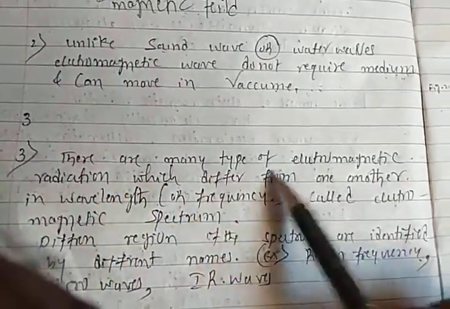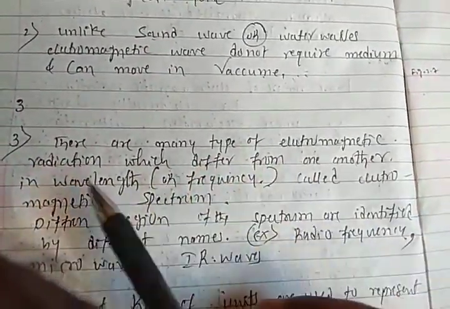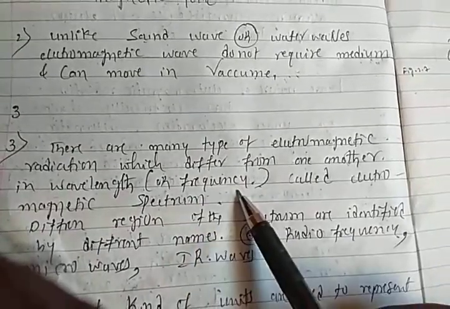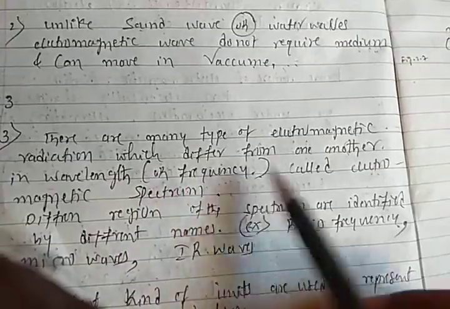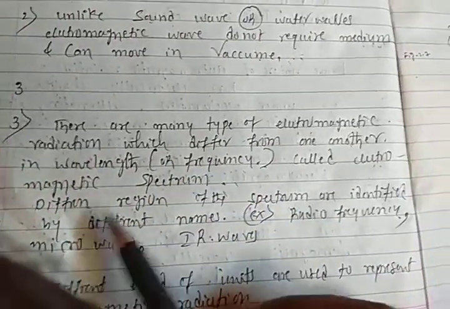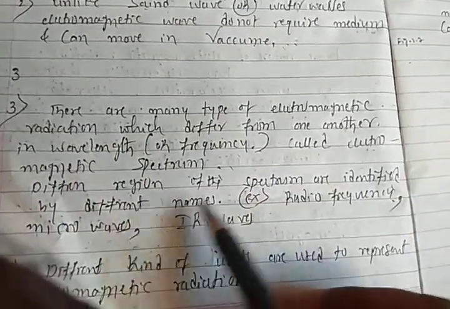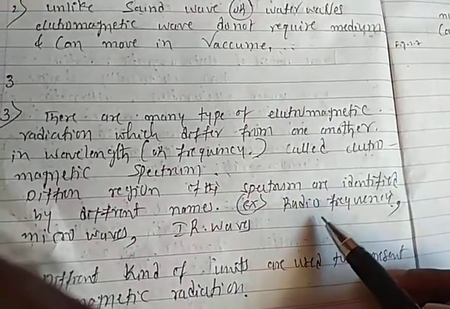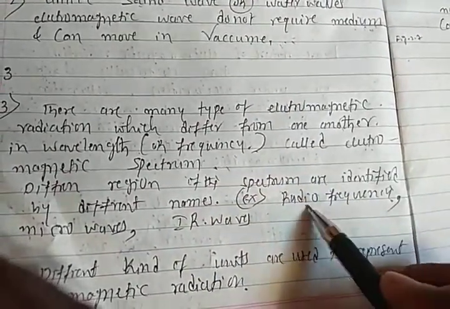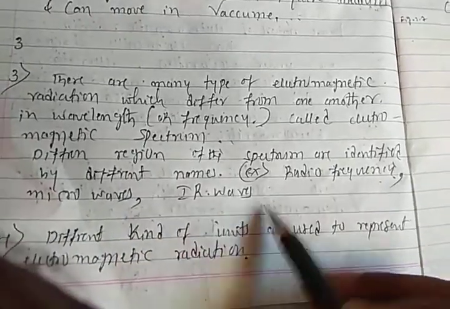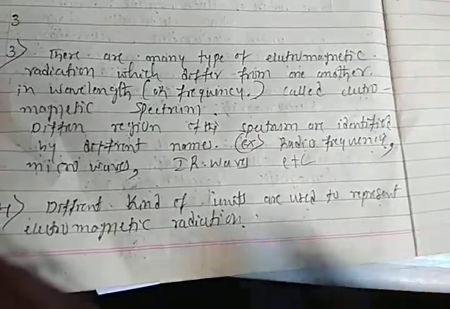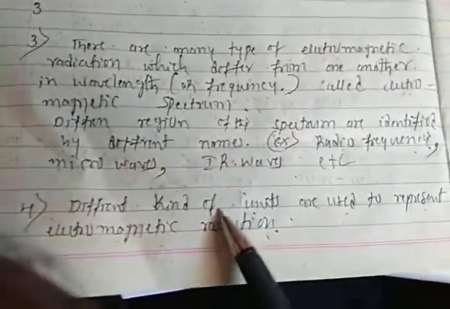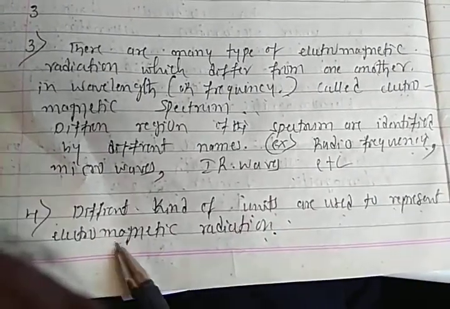There are many types of electromagnetic radiations that differ from one another in frequency. This is the electromagnetic spectrum. Wavelength and frequency define the electromagnetic spectrum. Different regions of the spectrum are identified by different names. Electromagnetic radiations occupy the radio frequency, microwaves, infrared waves, etc. Different kinds of units are used to represent the different kinds of electromagnetic radiation.